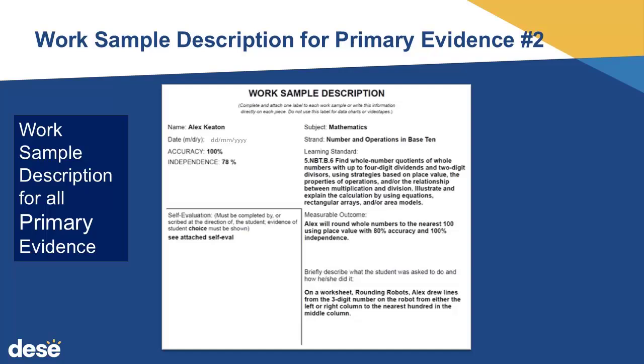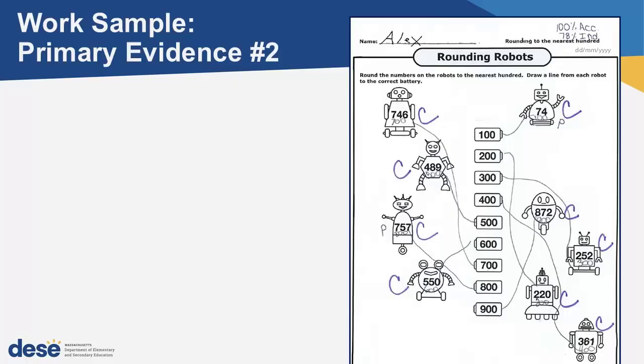But this is the work sample description, and there are two. And again, if you have time, sometimes your students come in late in the year and you won't have time to do extra. But if you have time to put in an extra piece of evidence, that's fine. And so there's the student's actual evidence, and you can see all the information is on there.